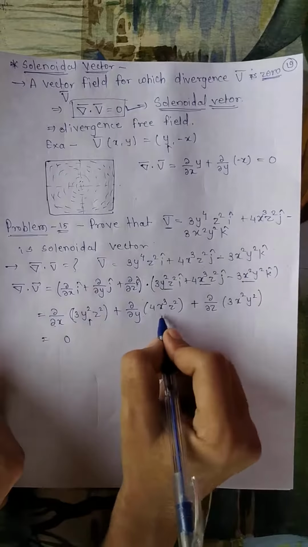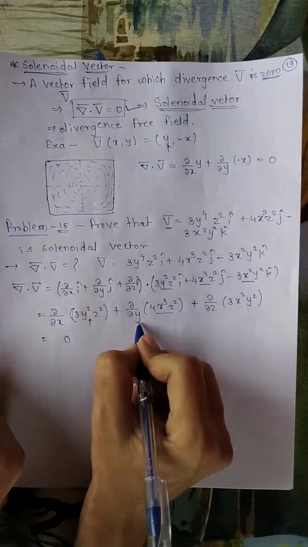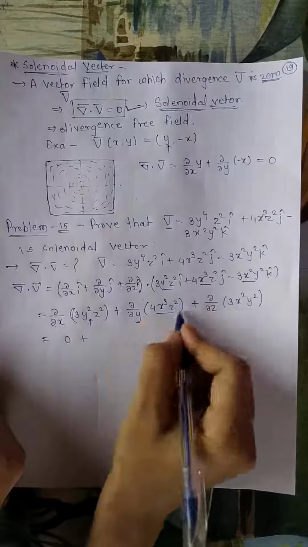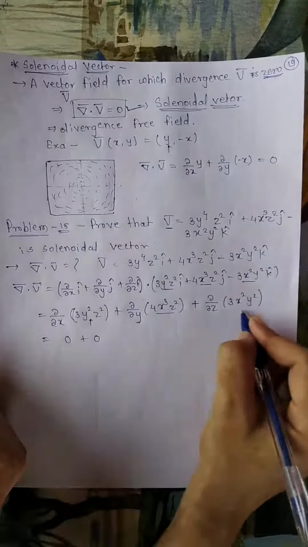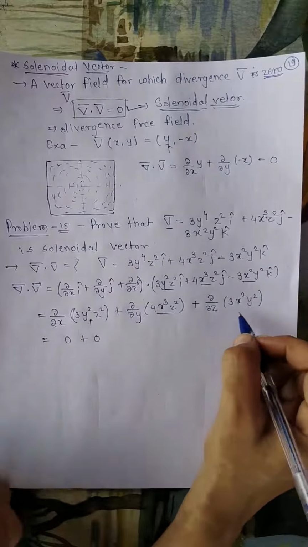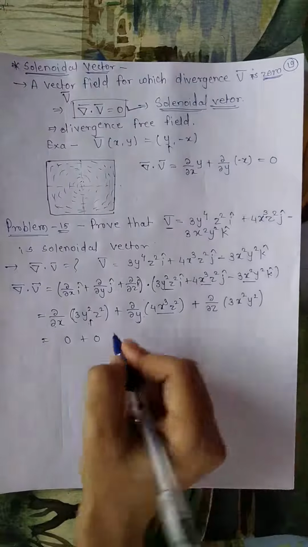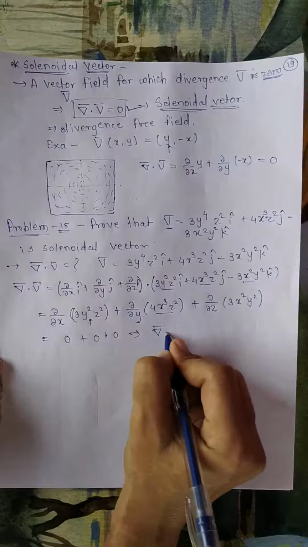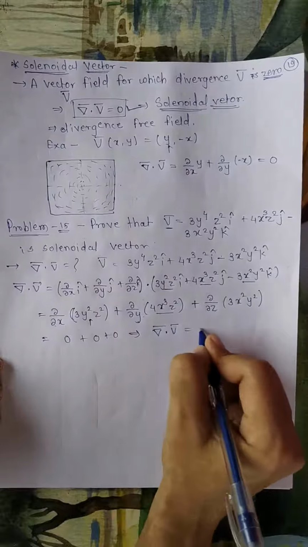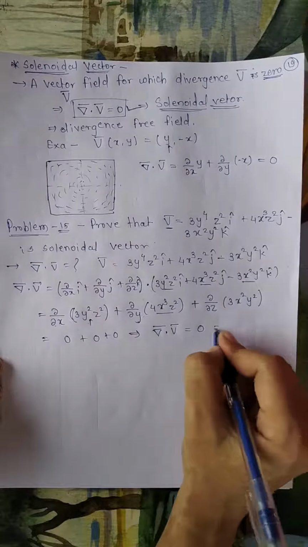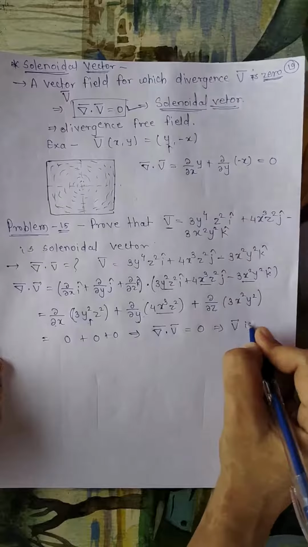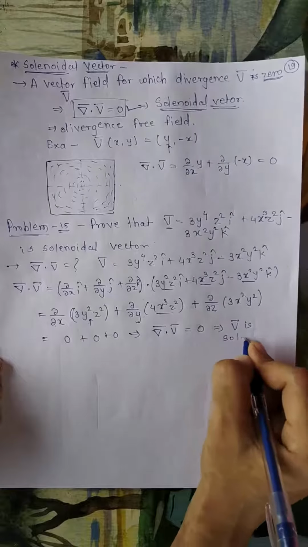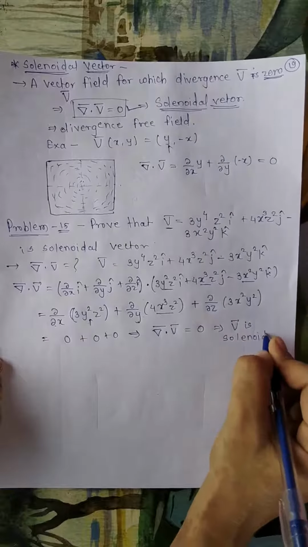Here also there is no y and the derivative is with respect to y, so this derivative is also 0. Similarly here the derivative is with respect to z and there is no z, so this derivative is also 0. This implies that the divergence of the given vector field is 0, and so v bar is a solenoidal vector field. Hence, we have proved that the given v bar is a solenoidal vector field.